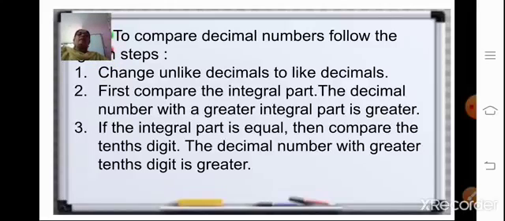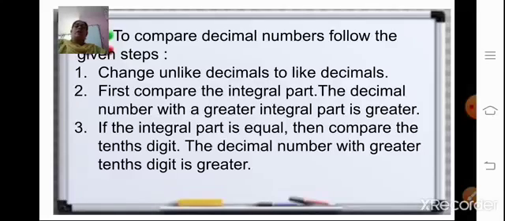To compare the decimal numbers, follow the given steps. First, change unlike decimals to like decimals, which we have already studied. Then first compare the integral part. The decimal number with the greater integral part is always greater. But if the integral part is equal, then compare the 10th digit, that is after the decimal point.